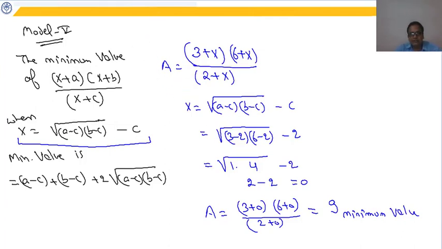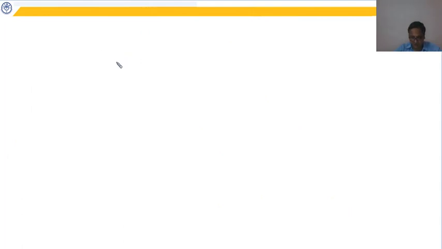Let's take one more example on the same. The condition is that x is greater than 0. We have to find the minimum value of (6 + x)(18 + x)/(x + 2).